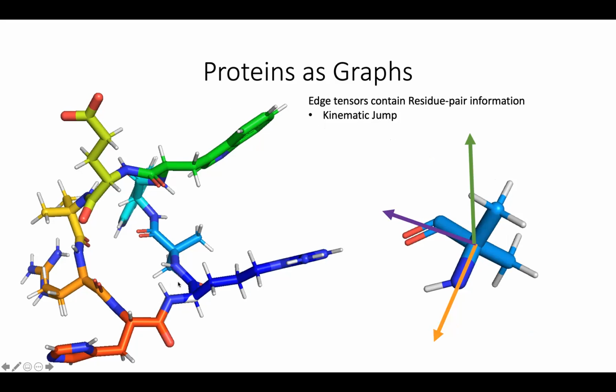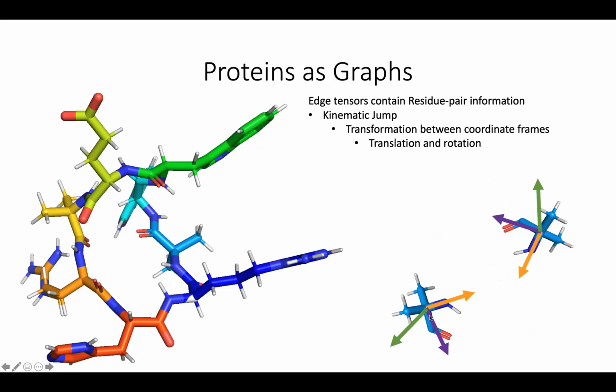What I really like to do is, again, trying to stick with the Rosetta vocabulary, but there's a lot of different words for this, a kinematic jump. So for every residue, you can use your backbone atoms to define a coordinate frame. And then when you have two residues floating in space, you can measure the transformation between their two coordinate frames.